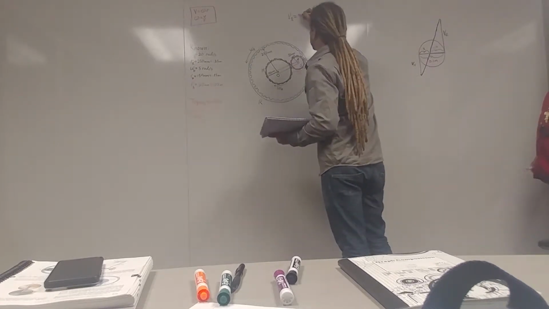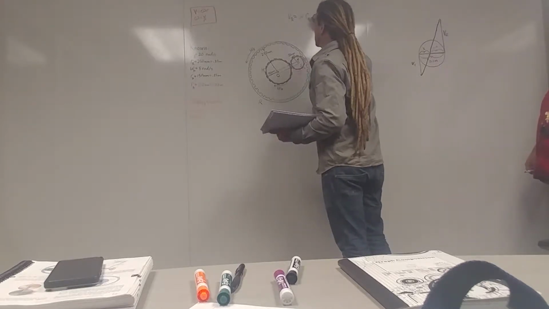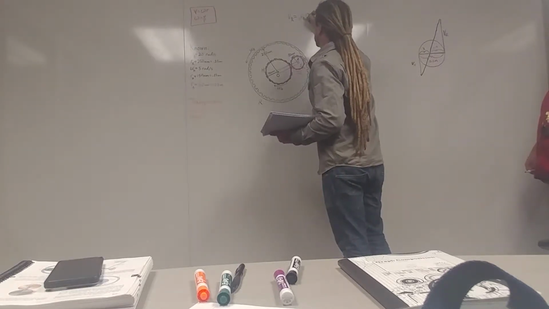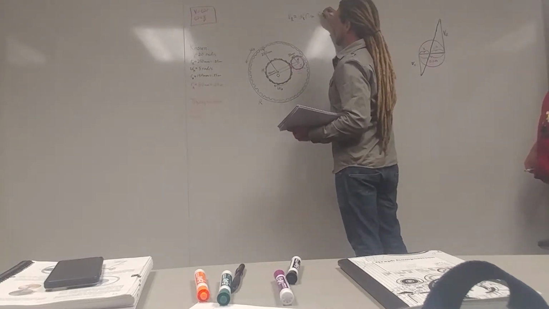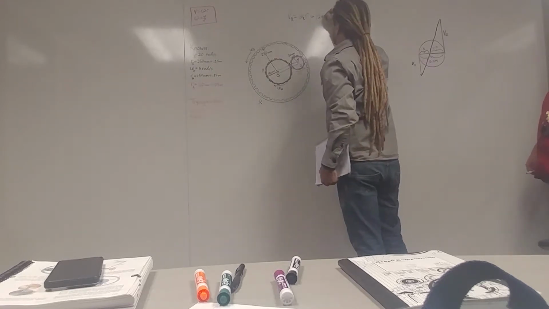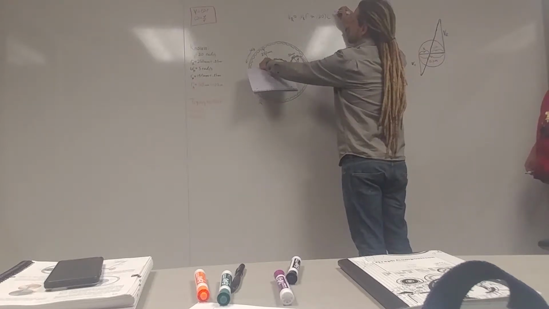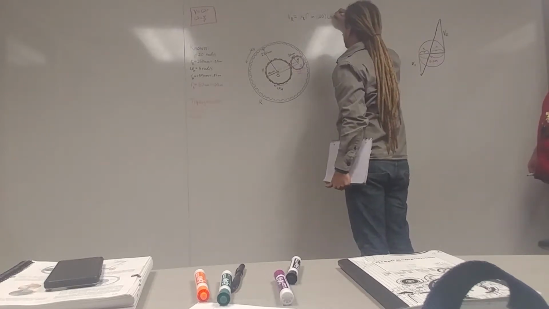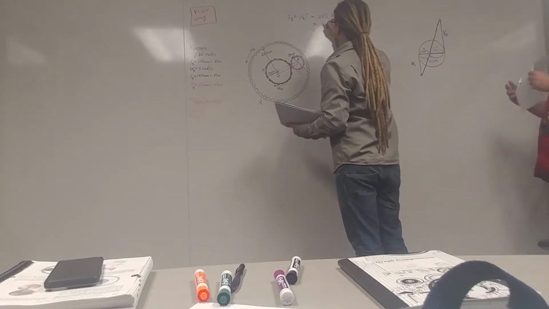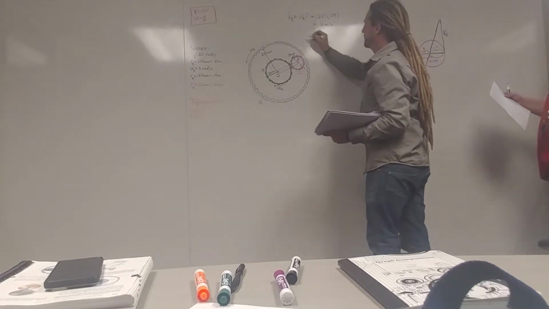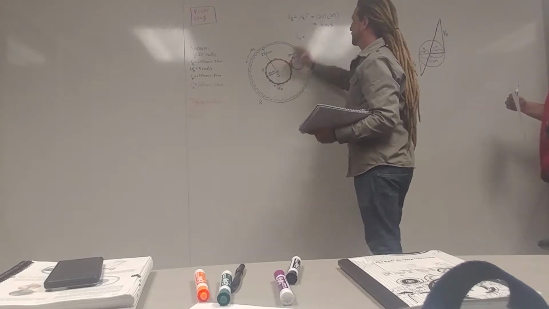So omega r ends up being 20 radians times 0.25, which is the radius, and that ends up being 5 meters per second.